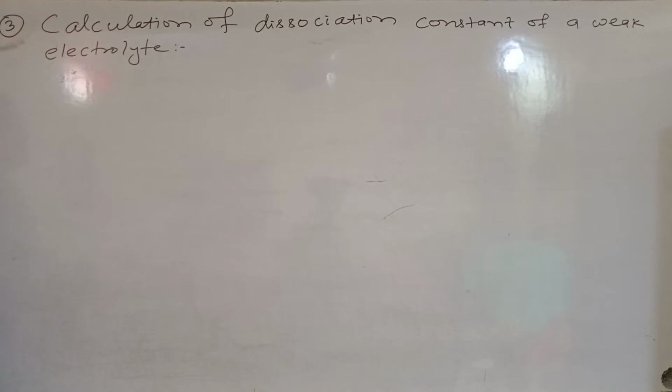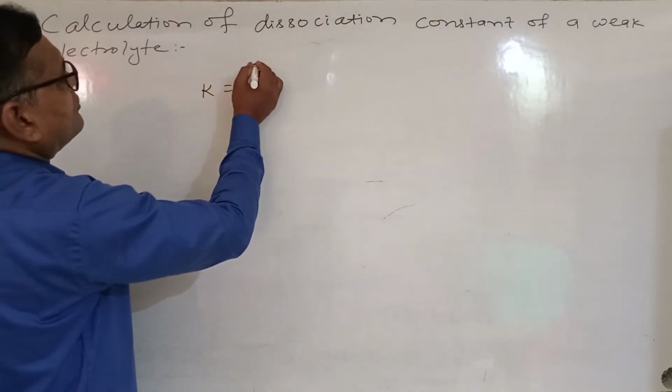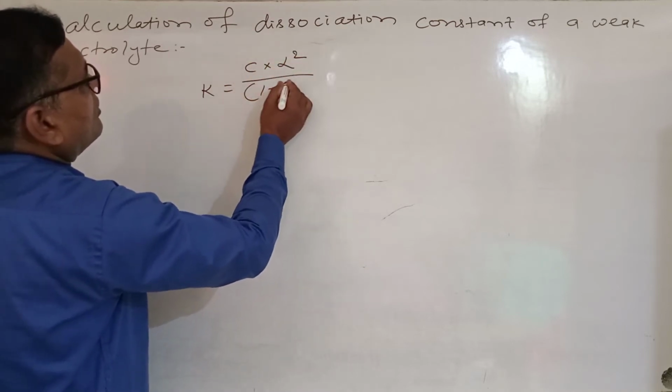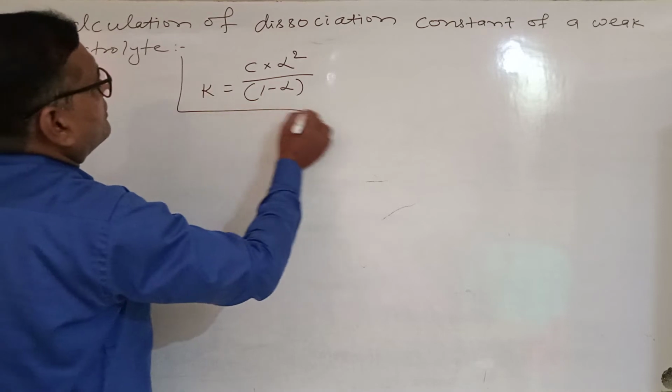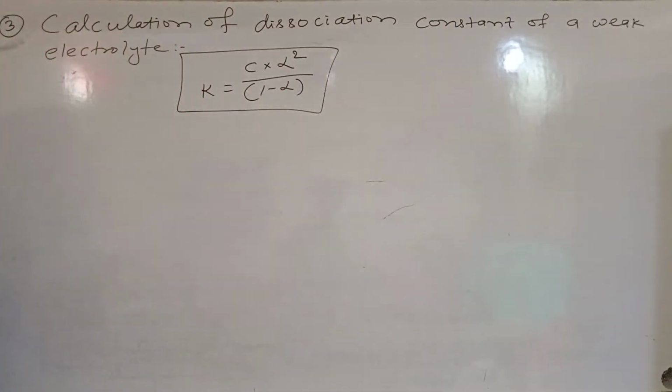It is the third application of Kohlrausch law. The formula is K is equal to C into alpha square upon 1 minus alpha. It is a formula which calculates the dissociation constant of a weak electrolyte.